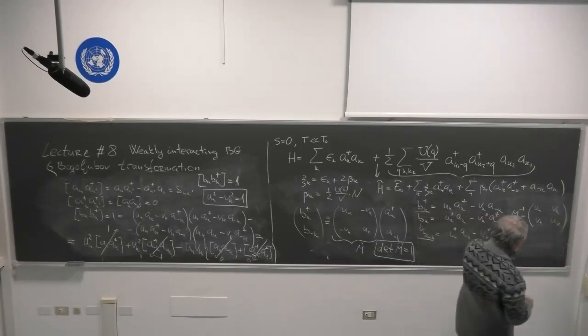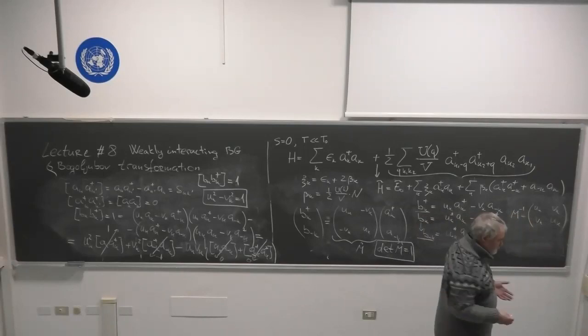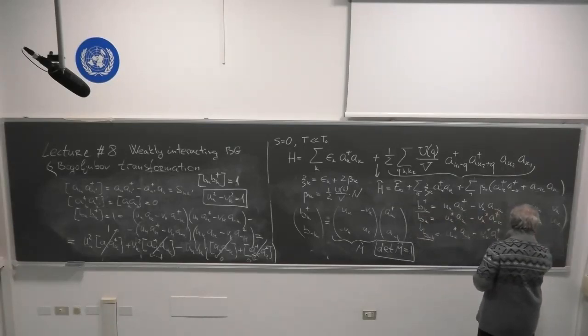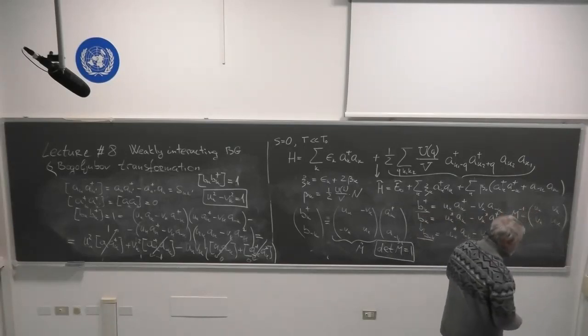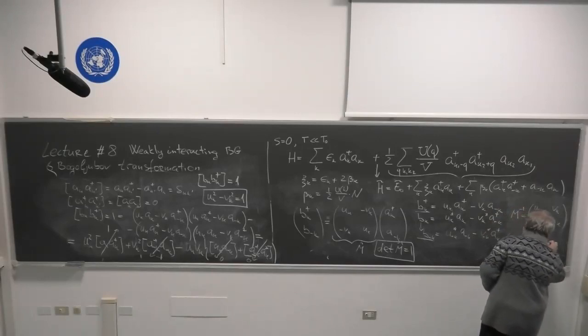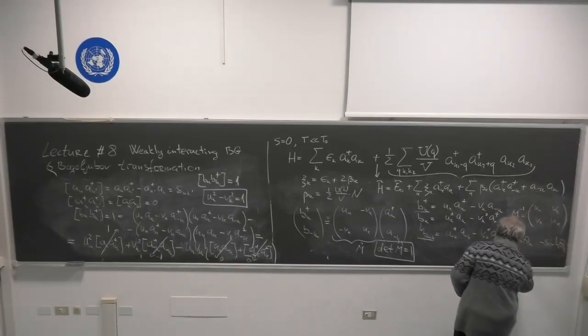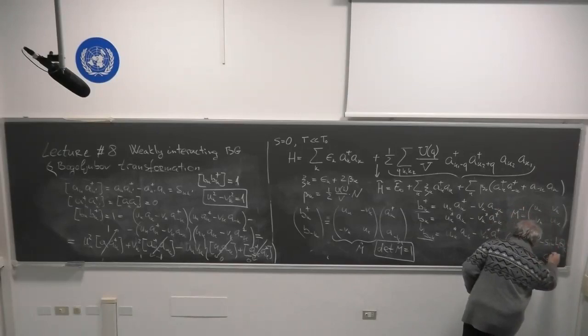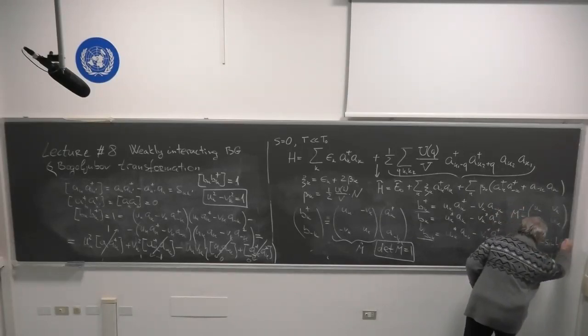However, we can think about this transformation as a rotation on a hyperboloid. So we can write down, reparametrizing this transformation M as cosh theta k, minus sinh theta k, minus sinh theta k, cosh theta k.